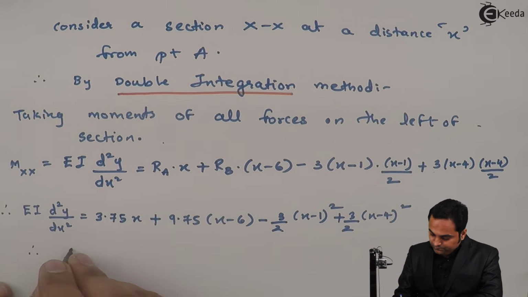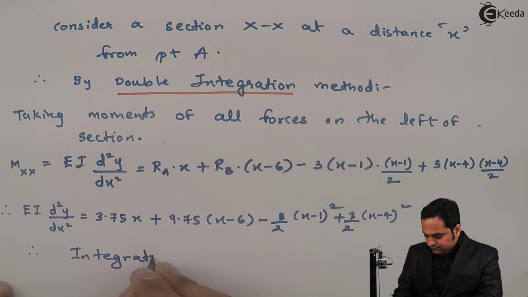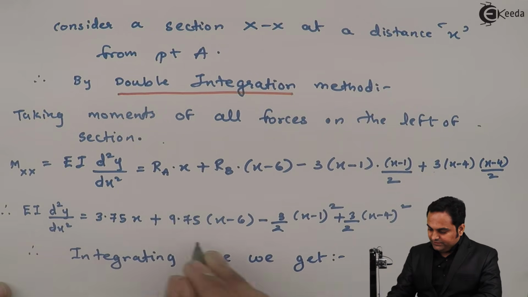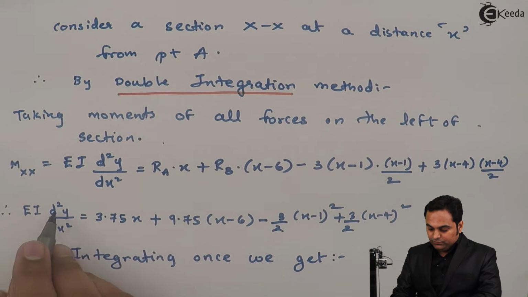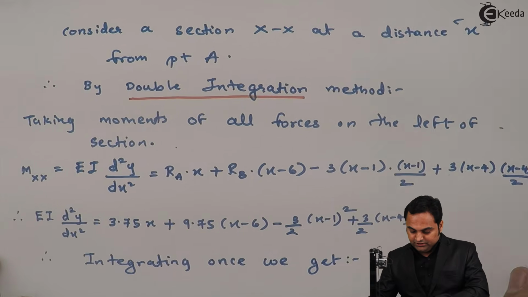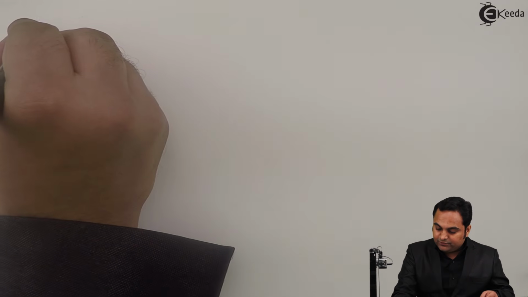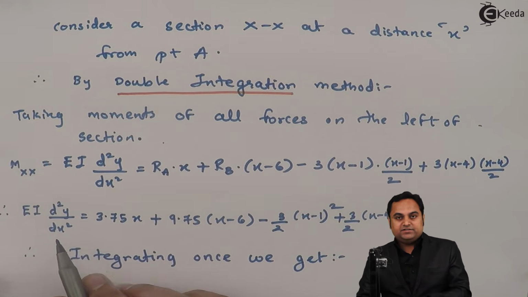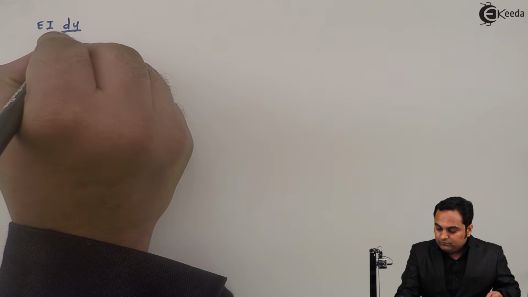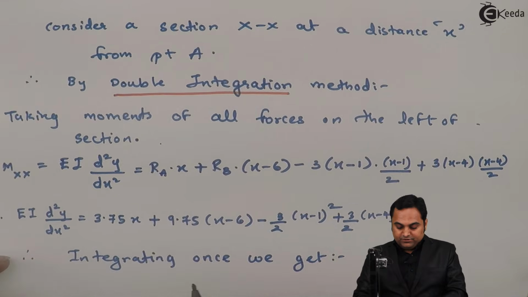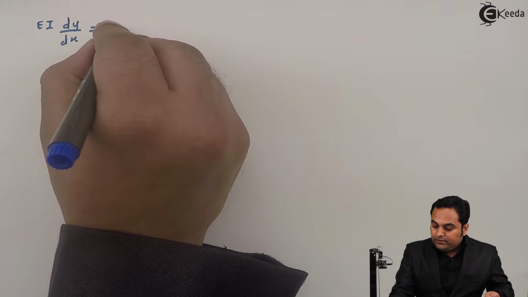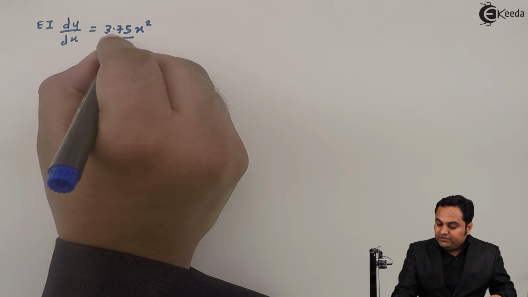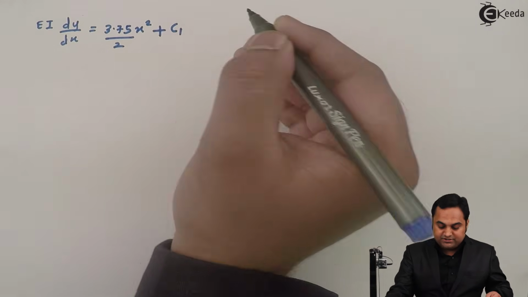So integrating once, we get EI, I'll write it as it is because it is a constant value. Next, integration of d square y by dx square, that is dy by dx, is equal to 3.75 into x, so the integration of x is x square by 2, and here I have integrated it for the first time, so the constant is c1.